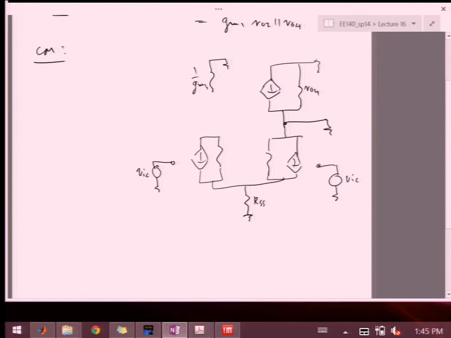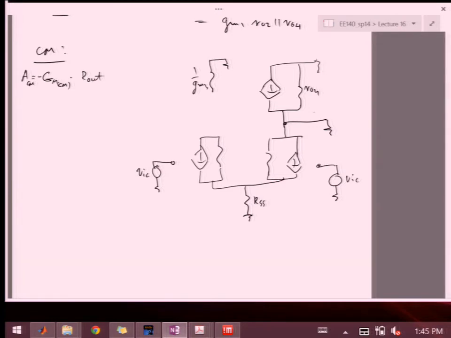And then again, because I know my R out, the only thing that I need to figure out is the transconductance as I'm going out. Right? So A common mode will be minus GM common mode times R out. So I already know R out.